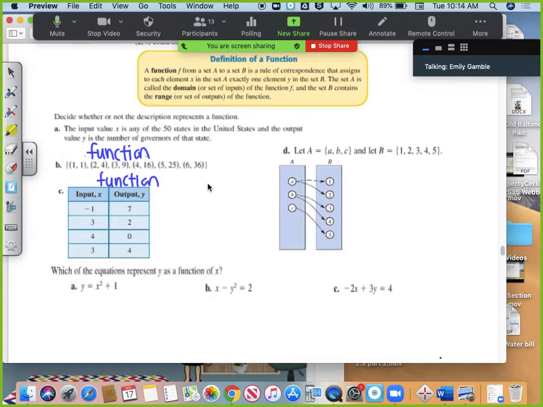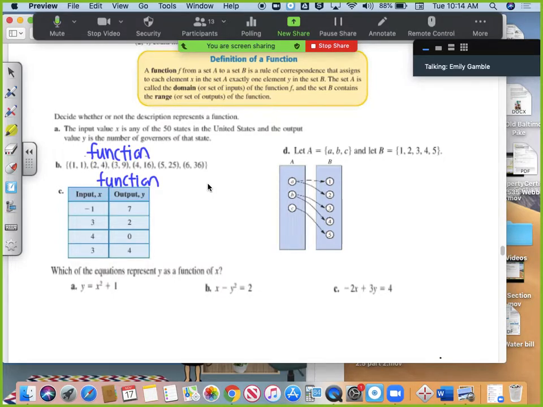But once I get down to letter C, this is the first one that's a little bit different. I see -1, 7; 3, 2; 4, 0; and 3, 4. If I were to graph these points, where would I see a vertical line at x equals what? Four zero would be on the x-axis.